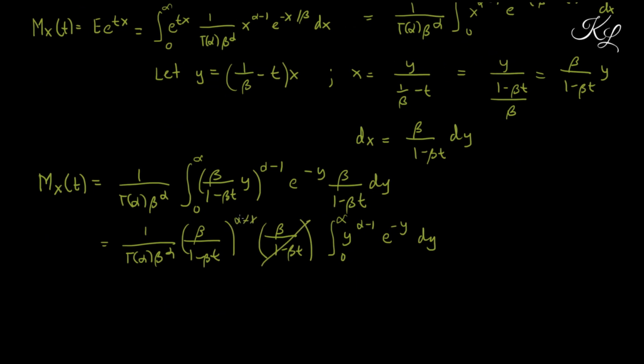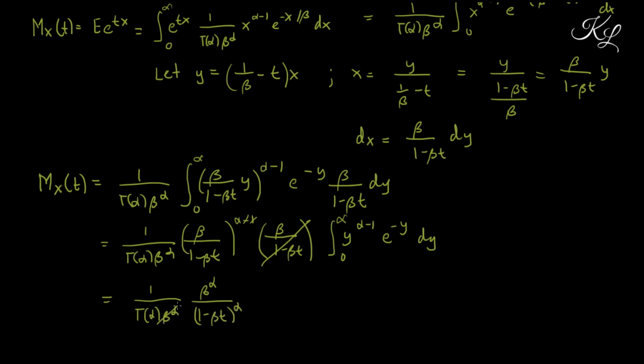So the remaining is alpha. So we can rewrite it in here. Let me distribute alpha between numerator and denominator. So we'll get first our original constant, then beta raised to alpha over 1 minus beta t raised to alpha.